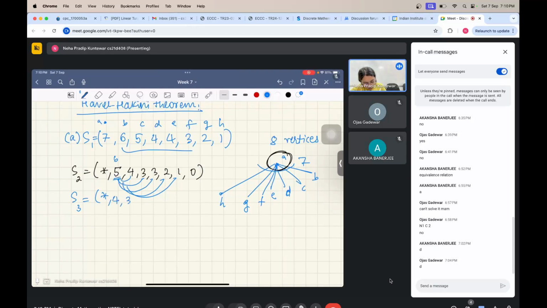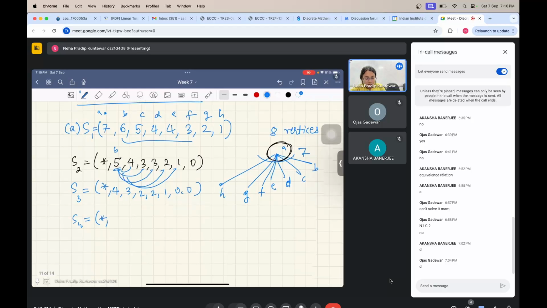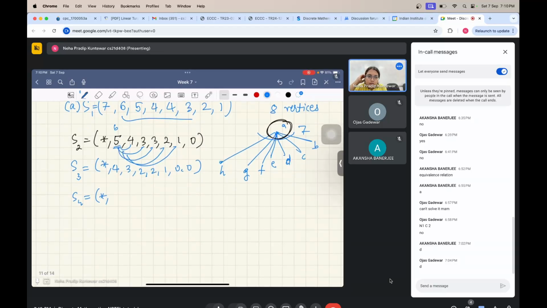So you get 4 3 2 2 1 0 0. And now you repeat the same process. So what would be the next sequence? Ma'am, it would be star star 2 1 1 0 0 0.